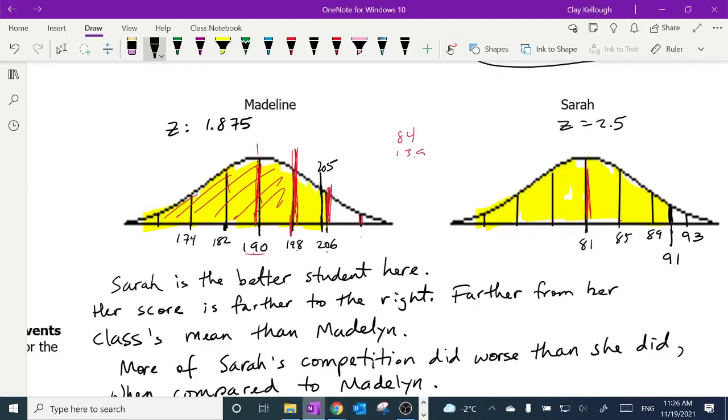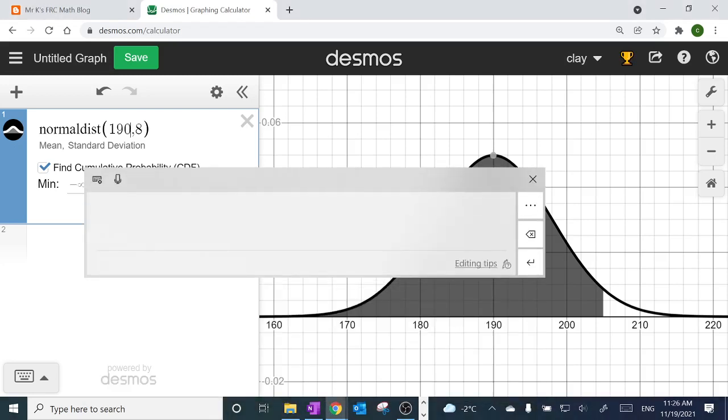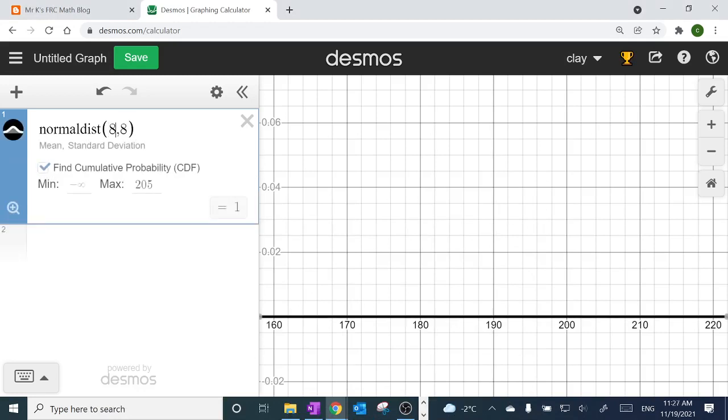So this was 97% of the data. Are you telling me Sarah did better than 97% of her classmates? And the answer is, well, we kind of know she did because she's further to the right. But let's see how much that is. Go back to Desmos. And all I got to do is change this to, okay, Sarah had a mean of 81 and a standard deviation of 4.